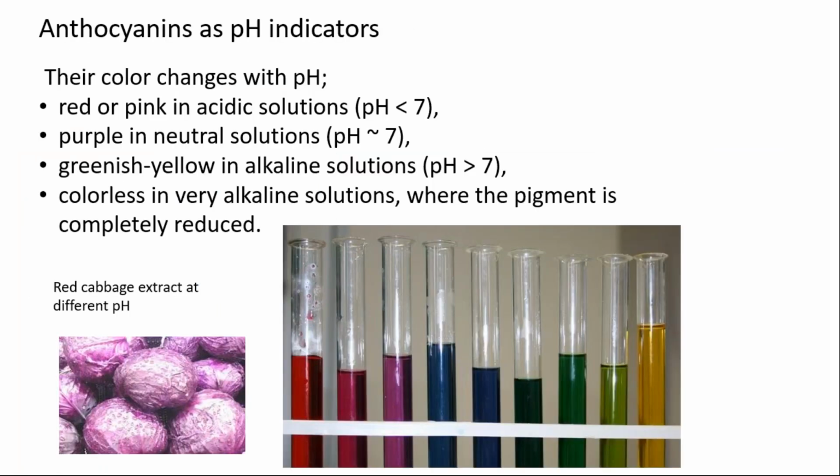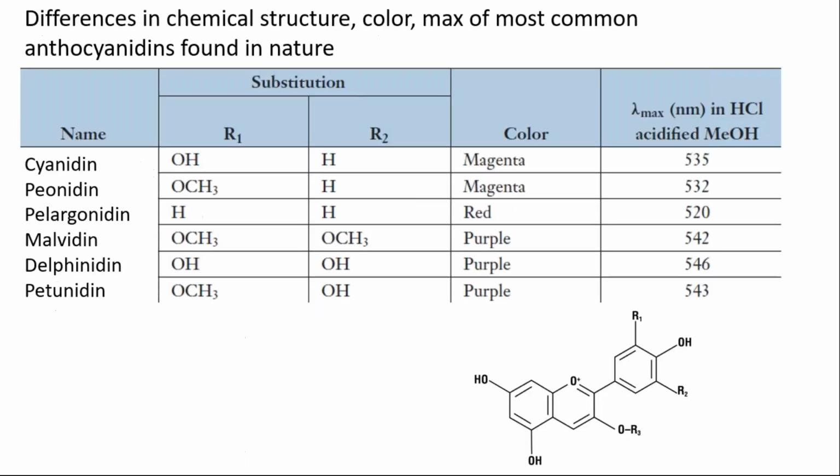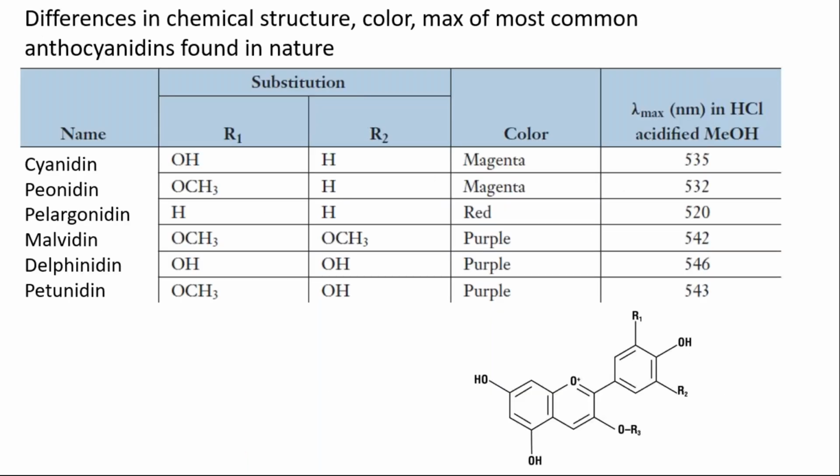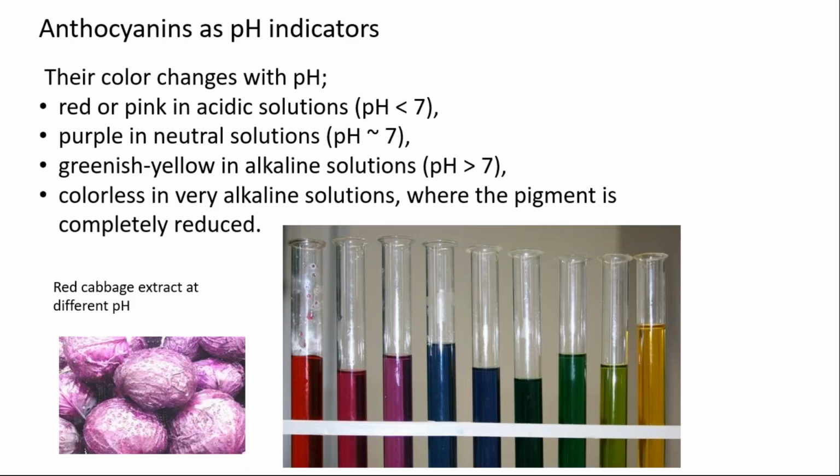And these anthocyanins, as I said, change color in acid because of that positive charge on the anthocyanin. And so they are also used as pH indicators. Here are the anthocyanins extracted from red cabbage, and you see the hue of colors at different pH.